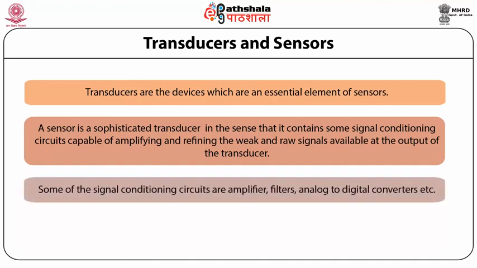Some of the signal conditioning circuits are amplifiers, filters, analog to digital converters.